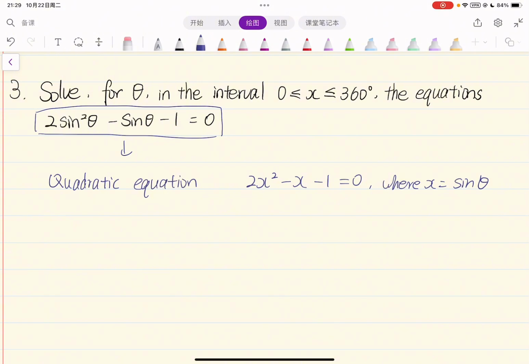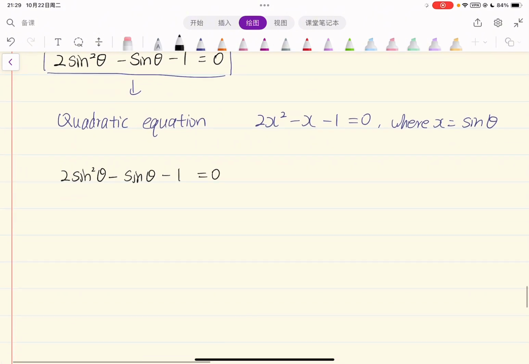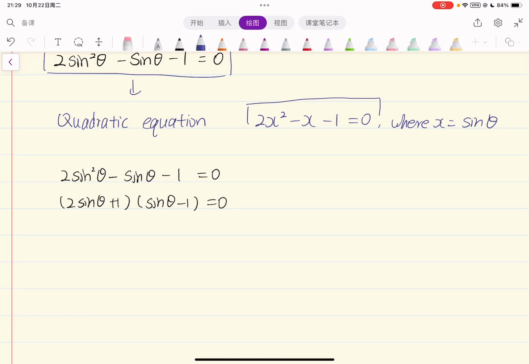Now what we do is solve the quadratic equation. We can write down that 2 sine squared theta minus sine theta minus 1 equals 0. And we can get 2 sine theta plus 1 times sine theta minus 1 equals 0. We factorize the left-hand side. Since 2x squared minus x minus 1 equals 0, we can have 2x plus 1 times x minus 1 equals 0.